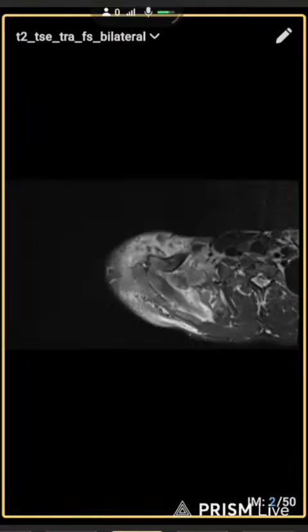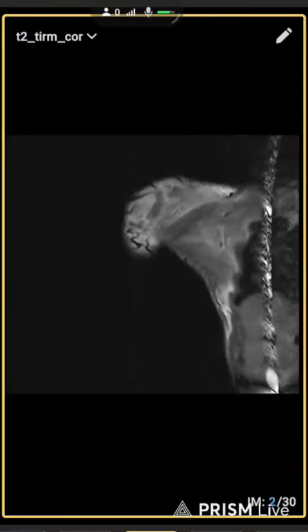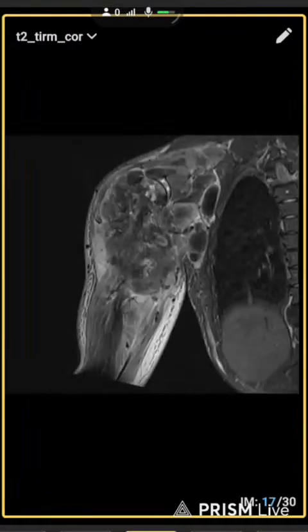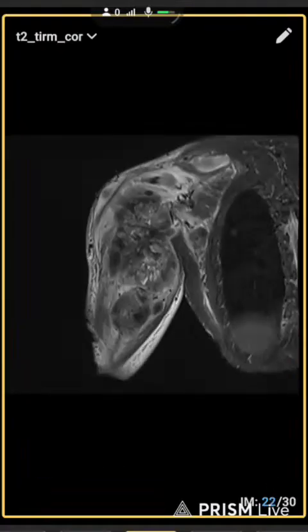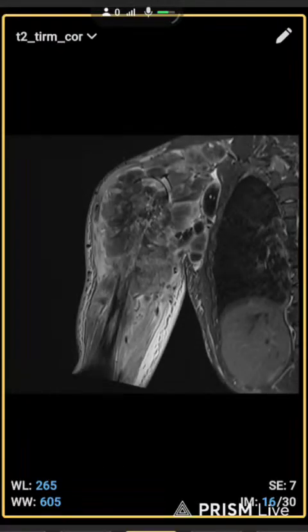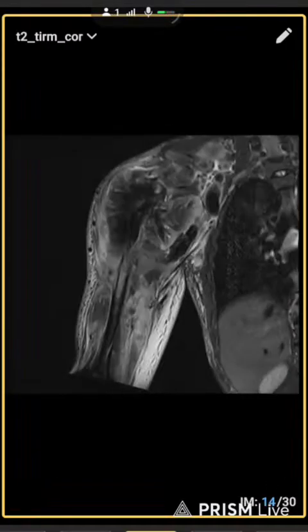So we have to plan the proper sequence with the proper coil. After seeing lots of MR, you can find what is the best combination. I'll show you a little bit of that.